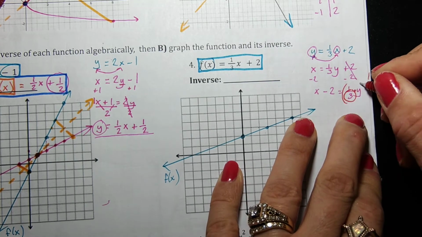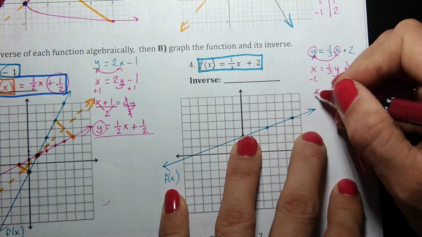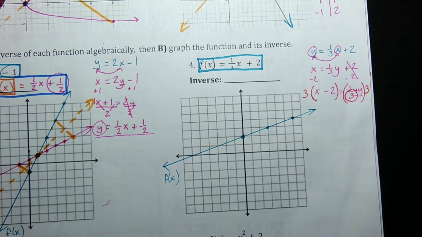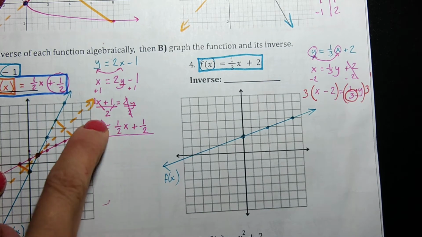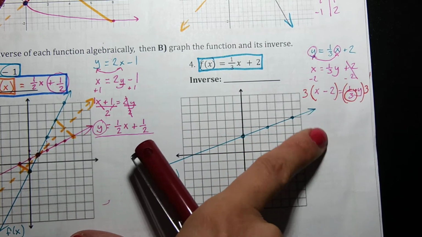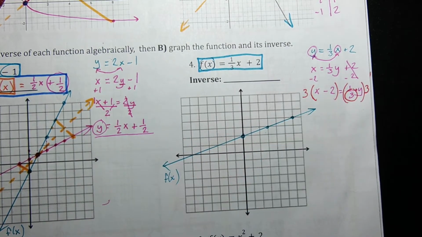So I'm going to multiply this side by 3, and, this is important, this entire left side by 3. Now notice that I have thrown those parentheses in. Just like on this one where I had to divide both the x and the 1 by 2, over here I'm going to have to multiply both the x and the negative 2 by 3.